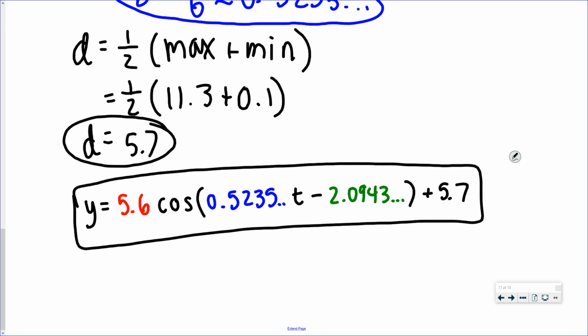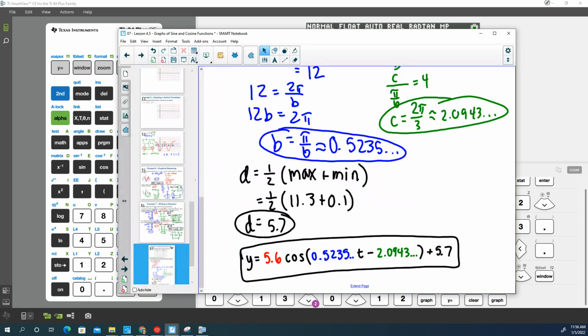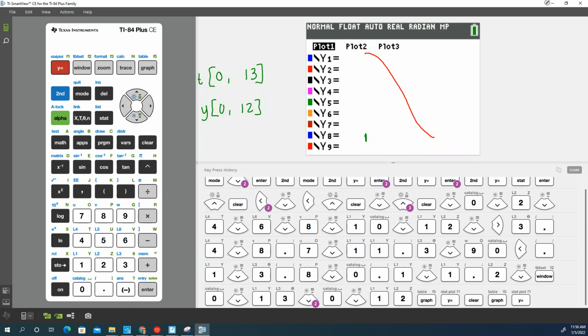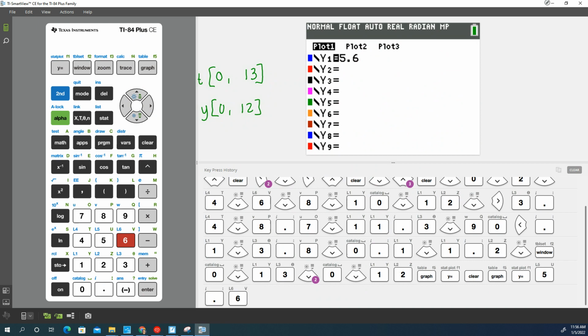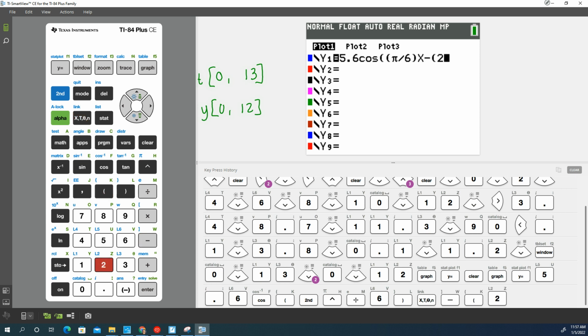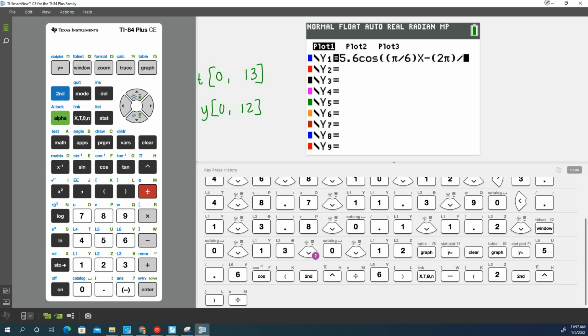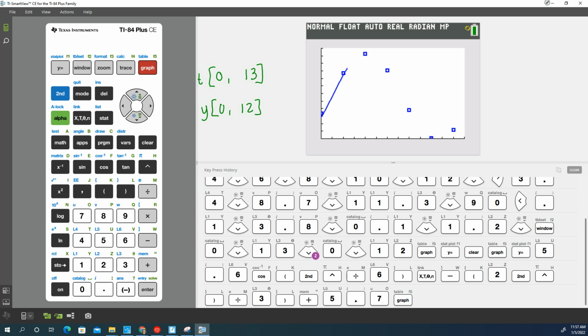Oh, shoot, I feel like we're just going to run out of time. We'll finish this tomorrow. So go ahead and type that in your y equals, and it should go through most of your curve here. So 5.6 cosine, I'm going to do pi over 6 x minus 2 pi over 3, plus 5.7.